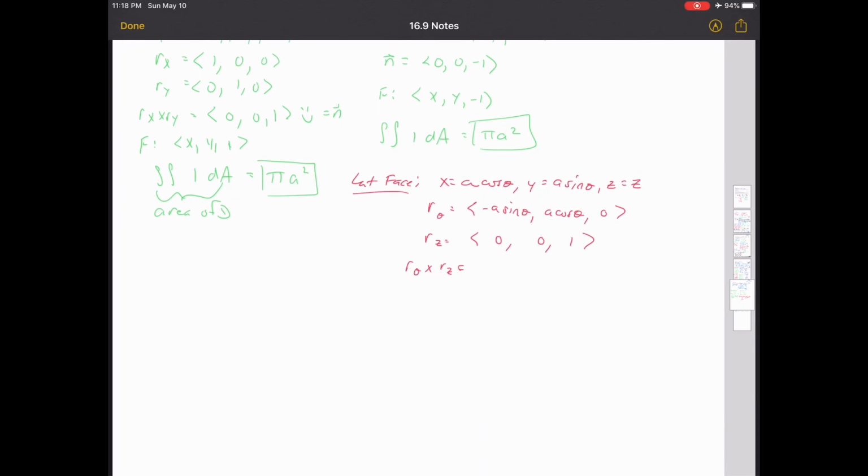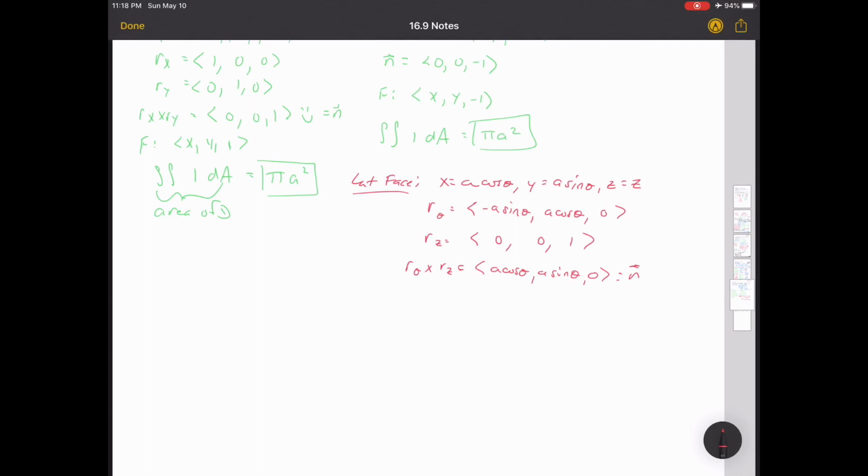So when I take the I row and column and eliminate that, I'm going to get a cosine theta. That's a good sign. That's positive. When I eliminate the J row and column, we're going to get -a sine theta minus 0, but we change the sign, so that's a sine theta. Again, very good. This should probably give us nothing for the Z component, and it does. So there's our cross. Again, that's our normal.